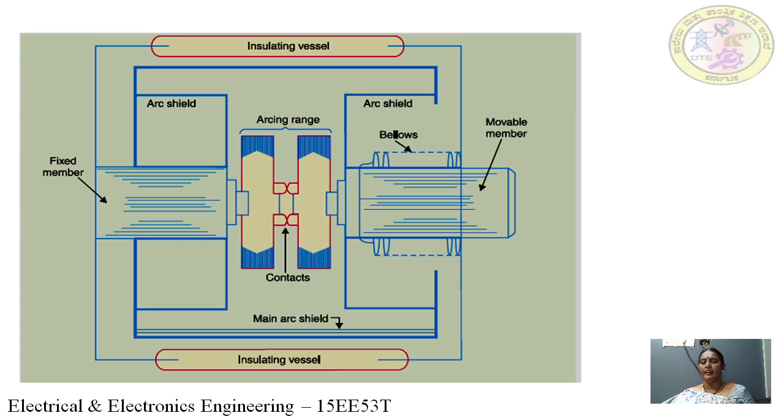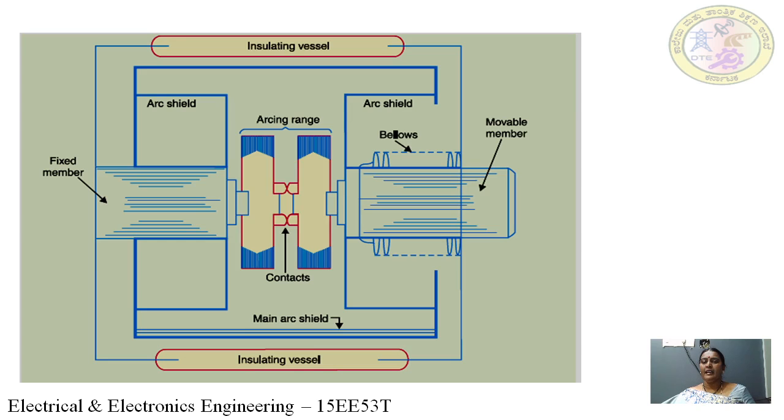Here I will repeat this once again. There is a fixed member and there is a movable member. The fixed member is attached to the steel bellows, and this is connected to the arc shield.